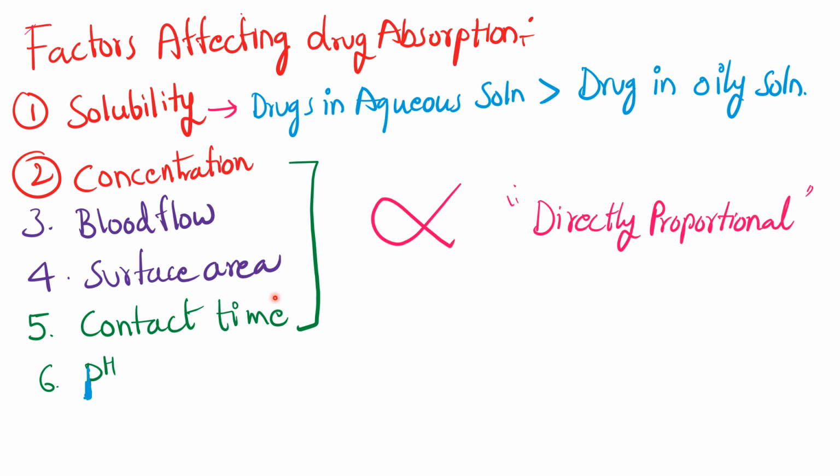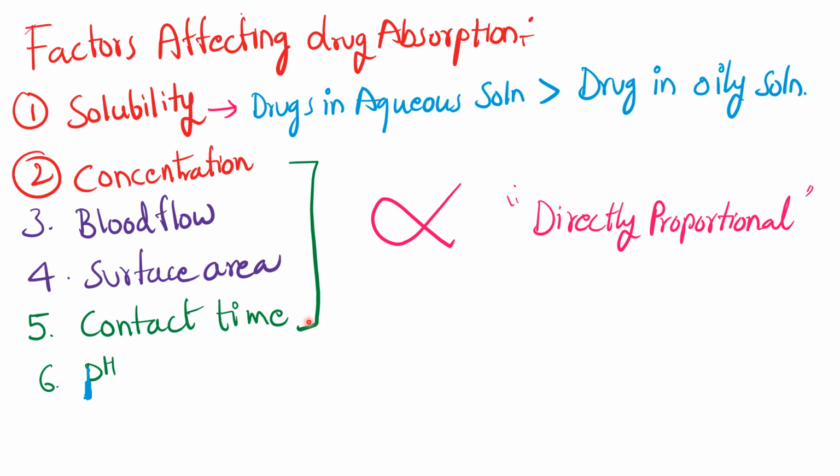Contact time. Contact time is the amount of time the drug spends in contact with the absorbing surface, which can also affect absorption. For example, in a diarrhea case, the drug may not stay for a longer time, then there will be less absorption.